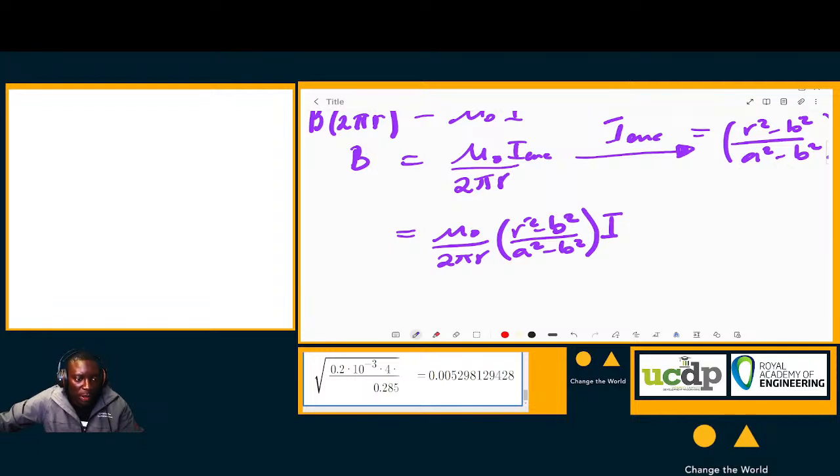So this is chapter 30, sources of magnetic fields, and that's question 17.